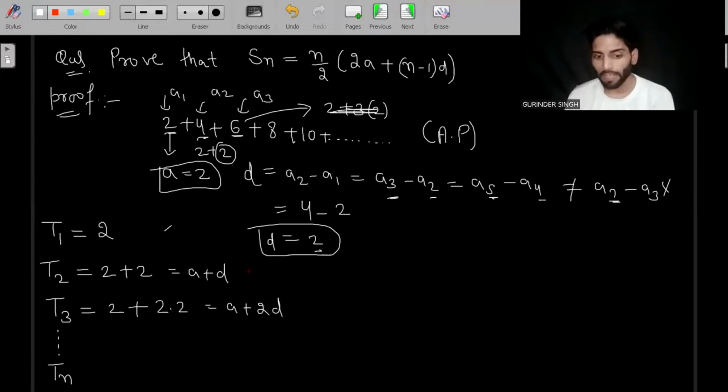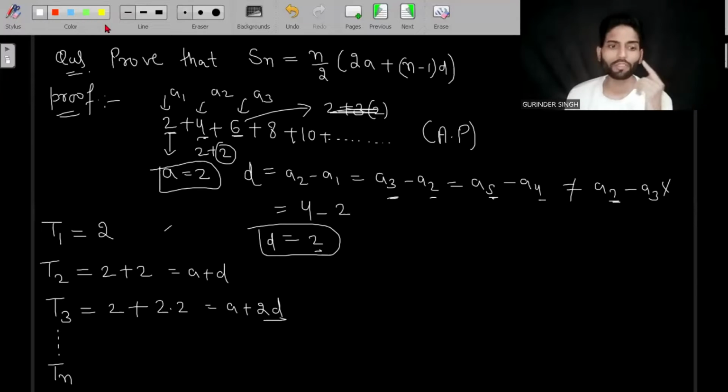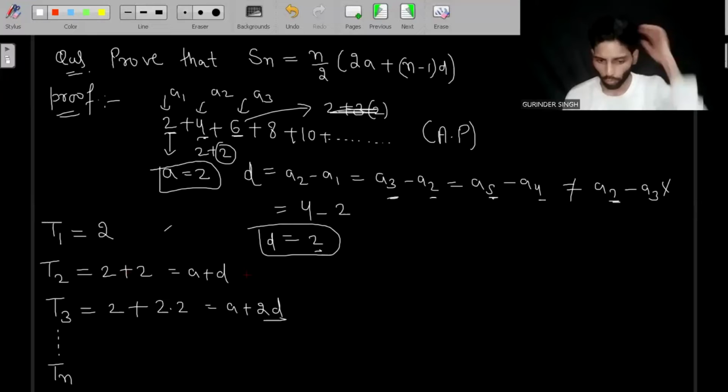I am adding D to this term to get the next, D plus D equals 2D. It means we can see how a general term is going on.